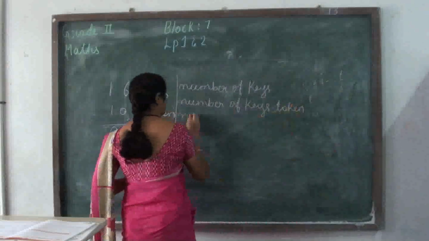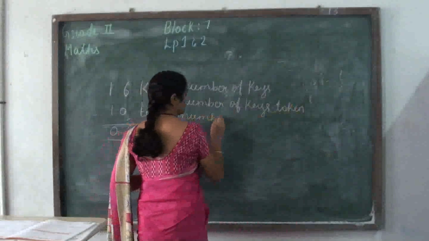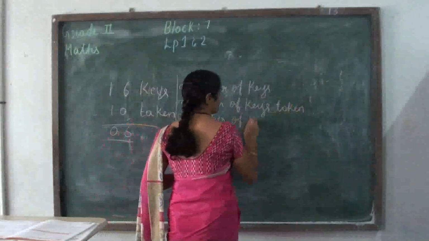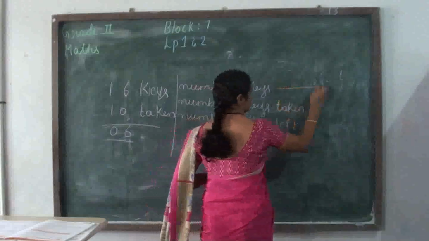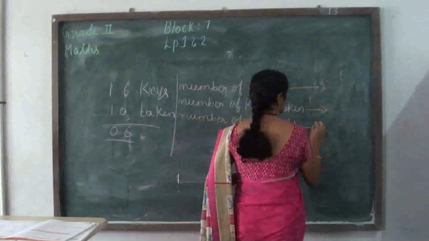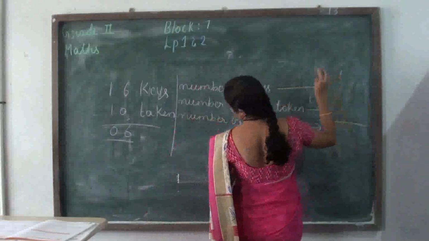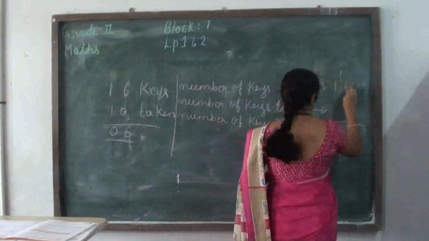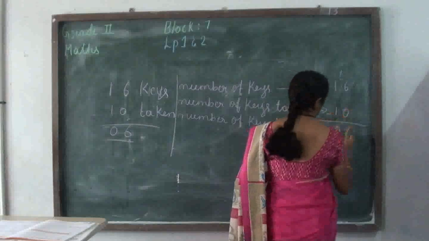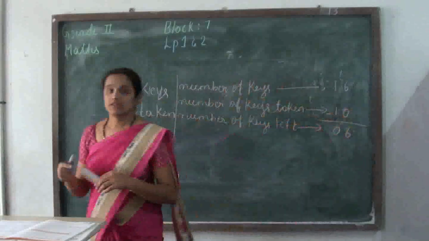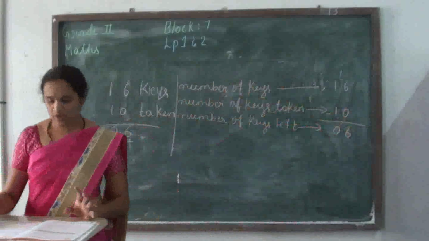And finally, number of keys left. So this is 1 and this is 1 and this is 1. Here you have to write 16 and 10 and the answer is 0, 6. So this is a way to write the statement sum.